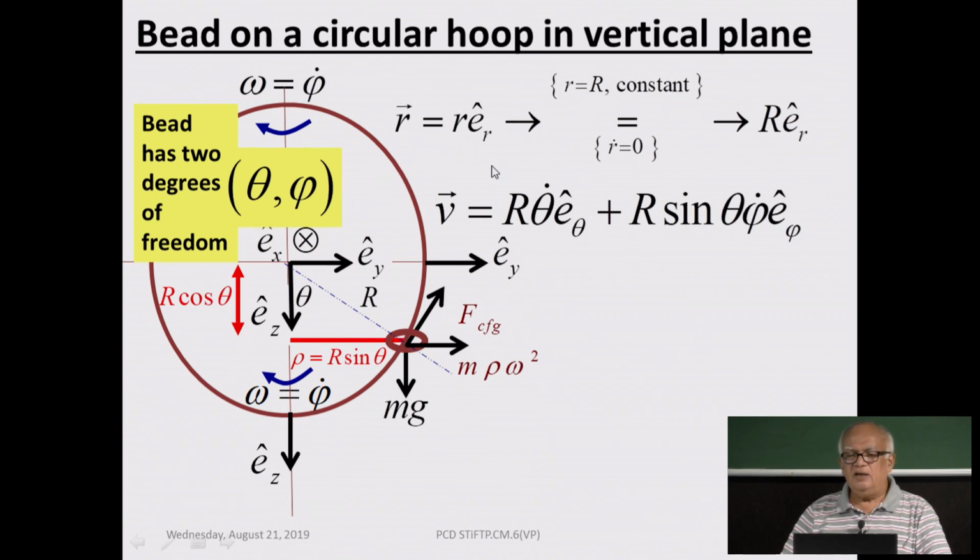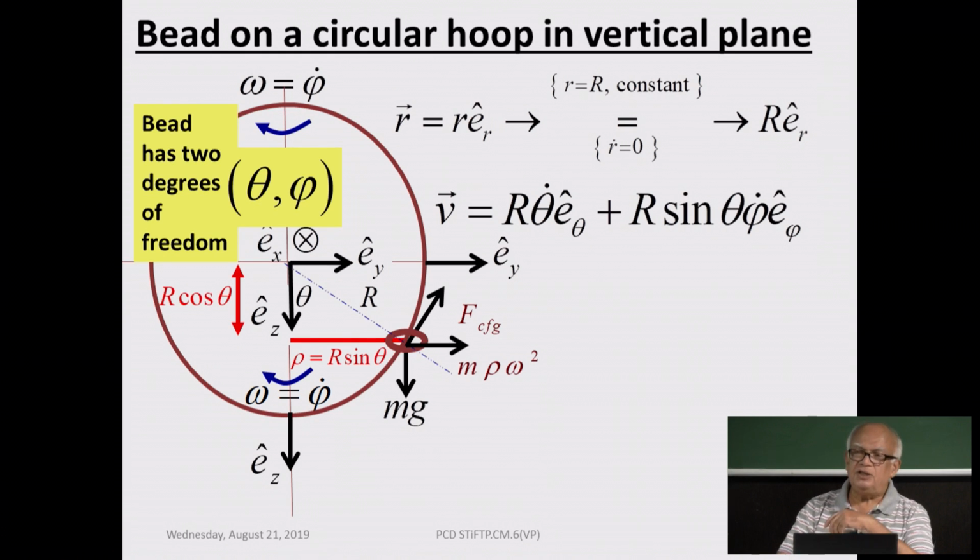Okay. So this can only be along e_theta and e_phi in the spherical polar coordinates. R itself is not changing because it is always going to remain at a fixed distance, capital R. So this is velocity. So now you have got the generalized position and generalized velocity.